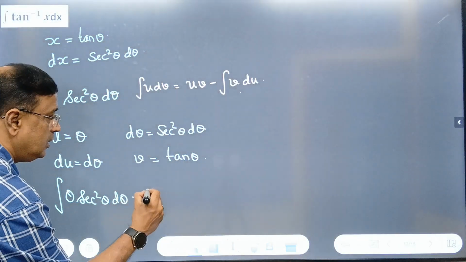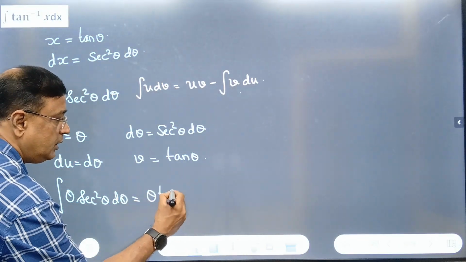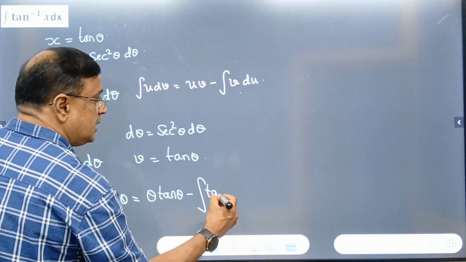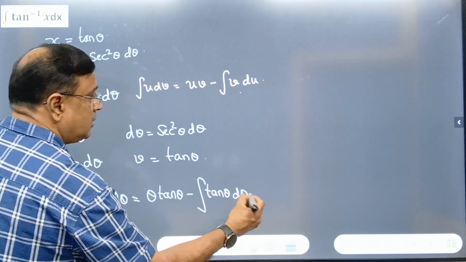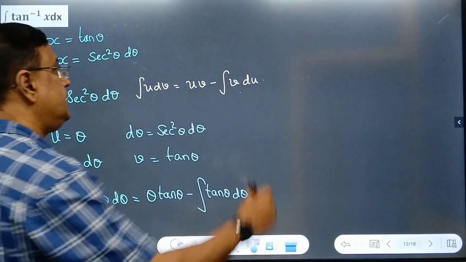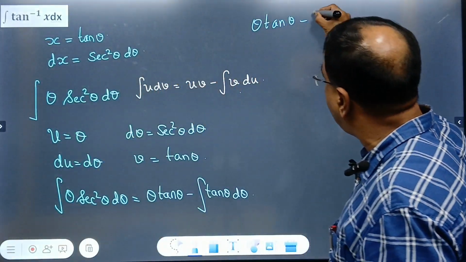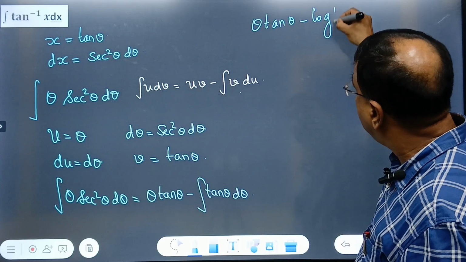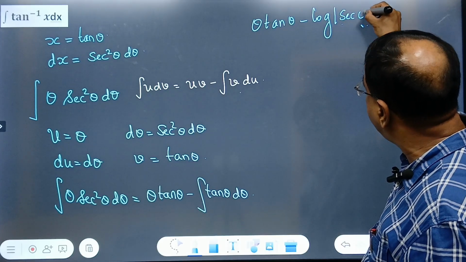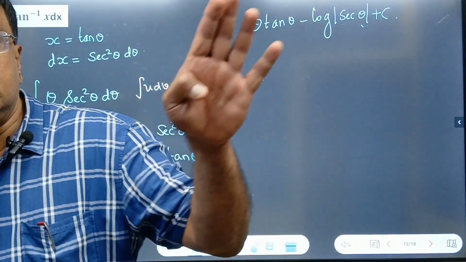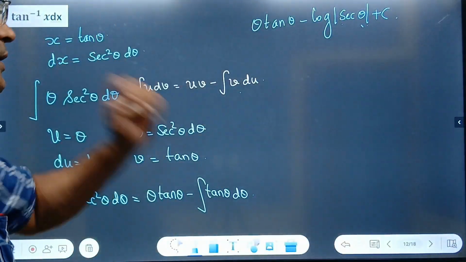What is uv? Theta tan theta, minus integral v du, which is tan theta d theta. What is the integration of tan theta? You have a formula: log of modulus of secant theta plus c.